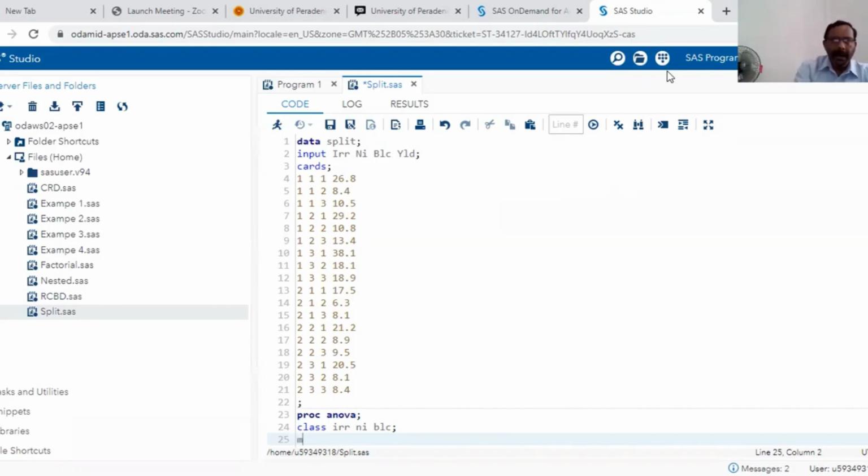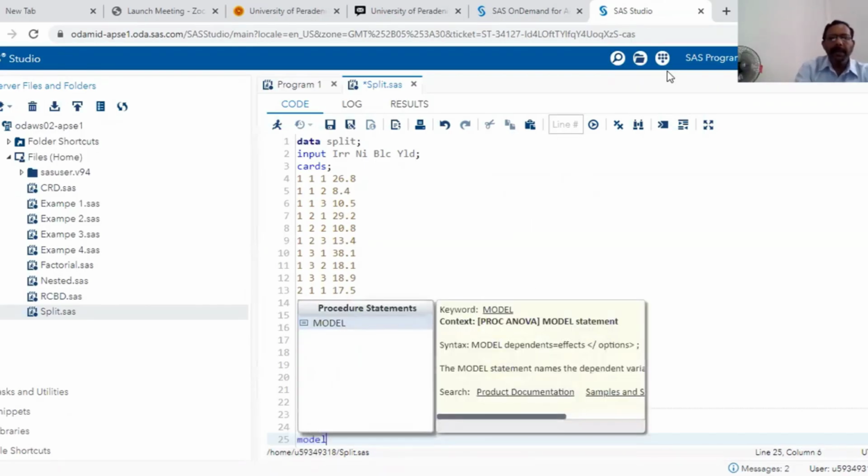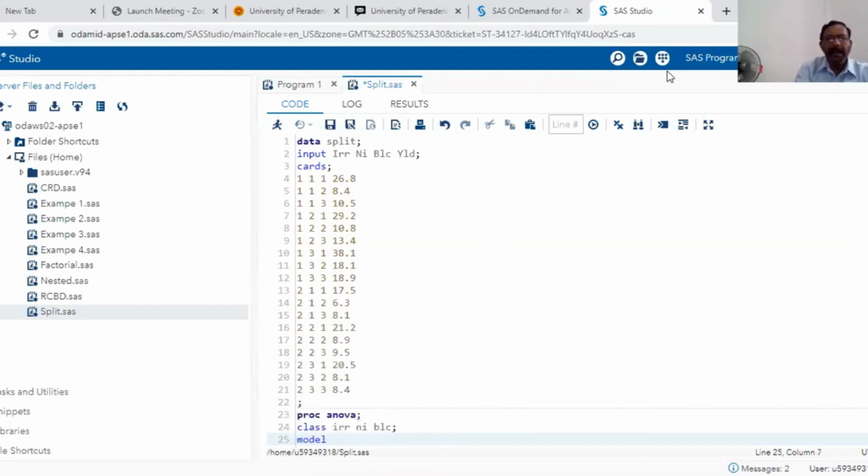Right. Model, you'll have to be careful about the model. Tell me what the model is. How many factors are involved here? 2 factors, irrigation and nitrogen. So now somebody can tell me the model. I will include them one by one when you say. Everyone has a chance to say.